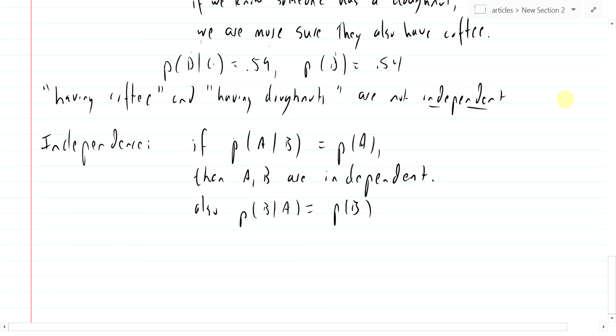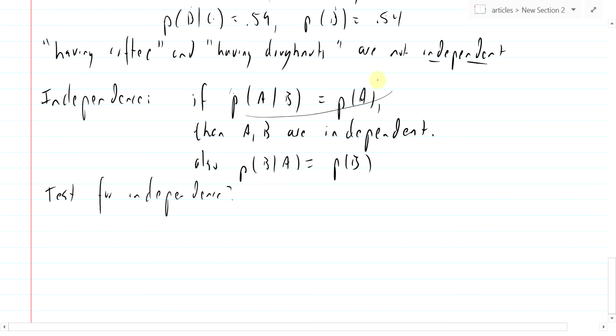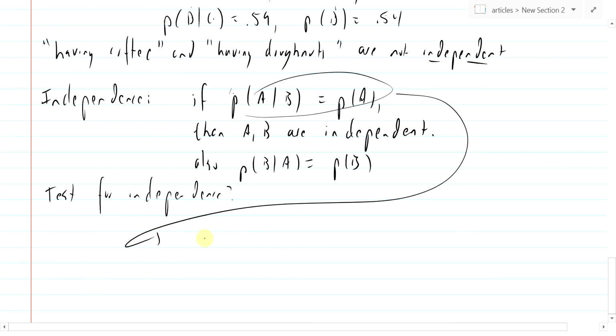So, test for independence. How do you tell if two things are independent? Well, one way is to calculate these things, but if we take this formula and take it apart a little bit, what do we have?